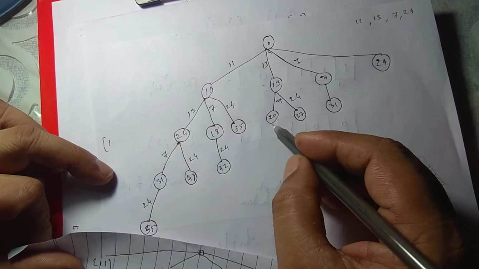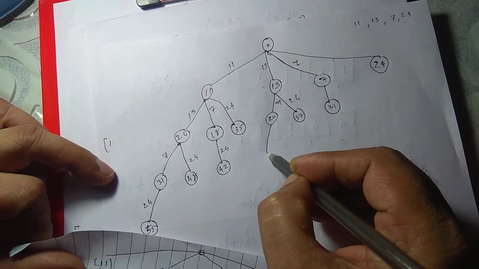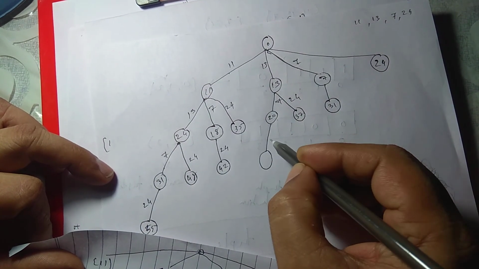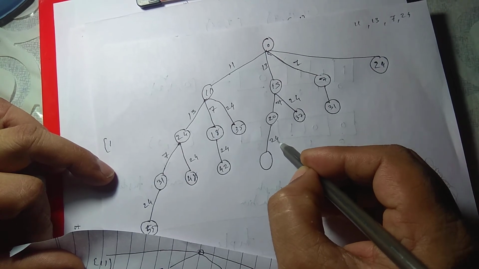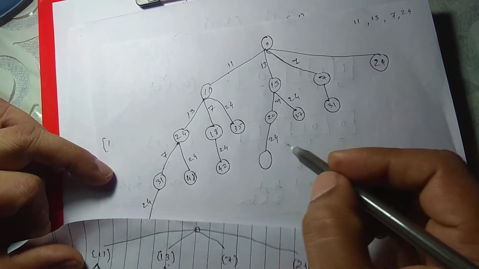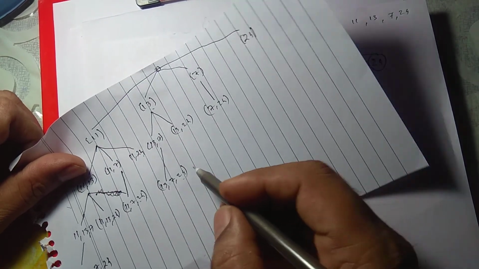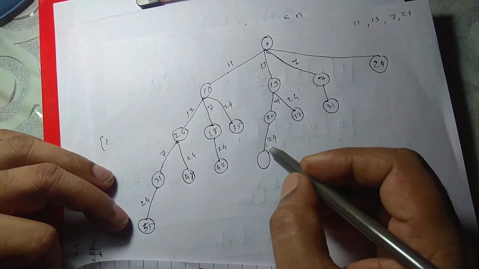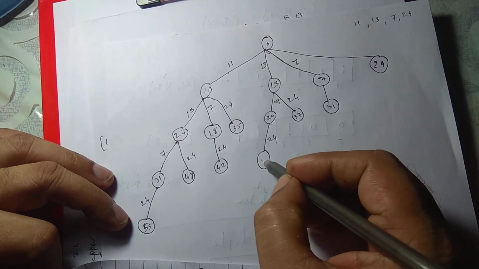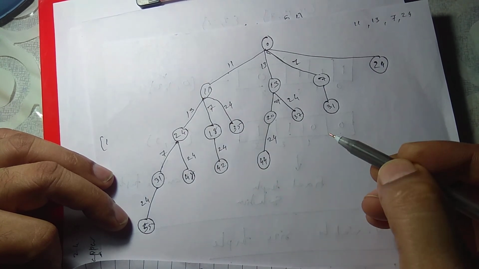We have not considered. 13, 7, 24. What is the sum? 20 plus 24, it will be 44.